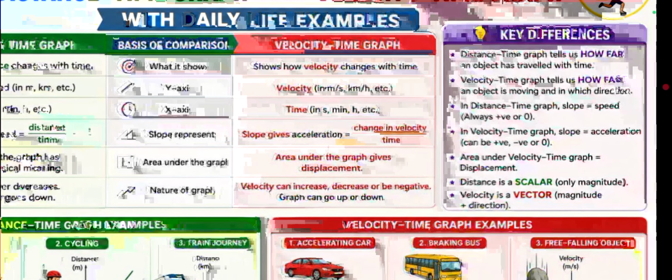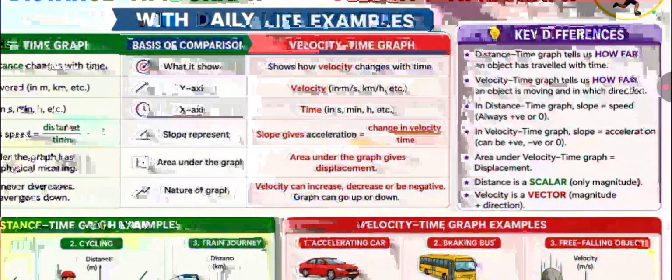Distance time graph tells us how far an object has traveled with time. Velocity time graph tells us how fast an object is moving and in which direction. In a distance time graph, slope is equal to speed. It is always positive or zero. In a velocity time graph, the slope is equal to acceleration.